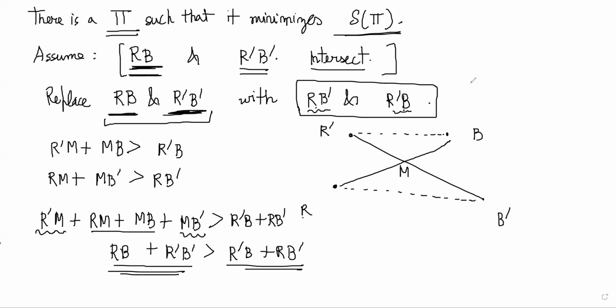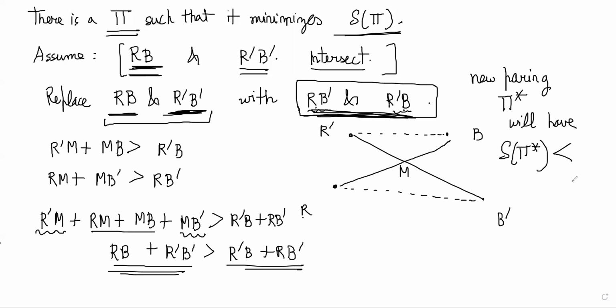That means the new pairing pi star, which has these two line segments instead of these two line segments, will have S of pi star less than S of pi, right?